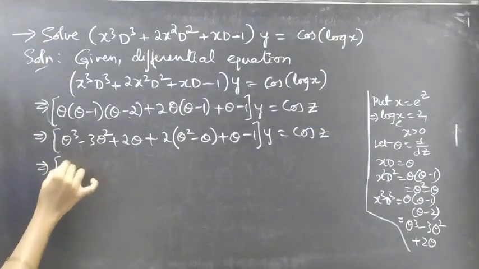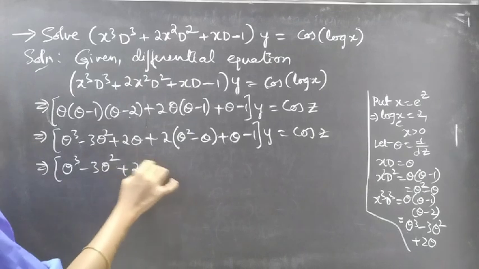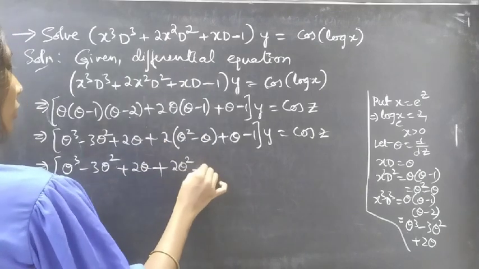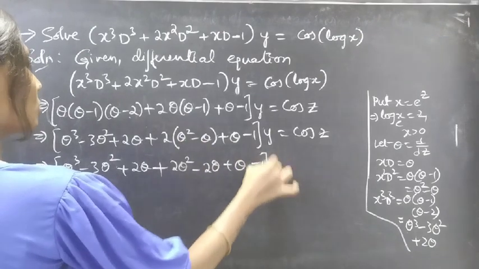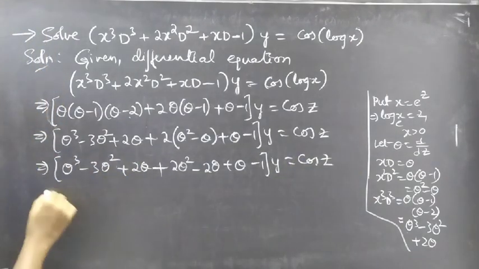Then theta cube minus 3 theta square plus 2 theta plus 2 theta square minus 2 theta plus theta minus 1 into y equals cos z.